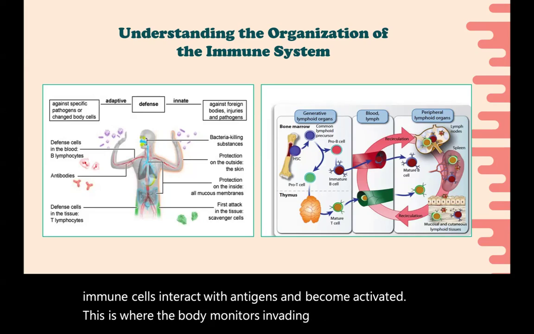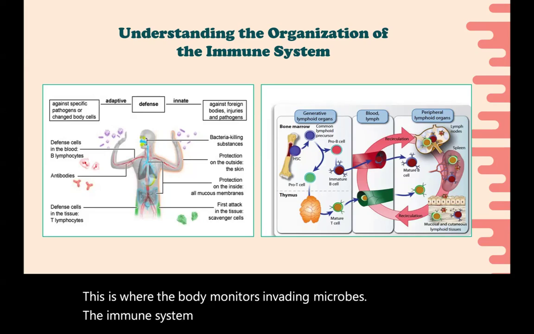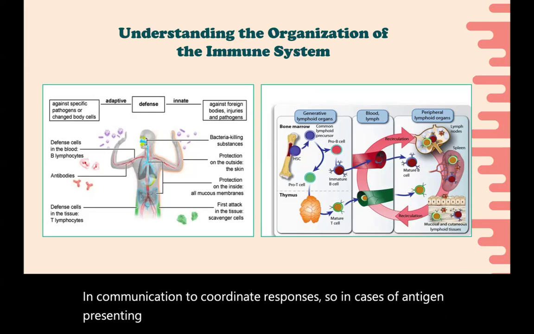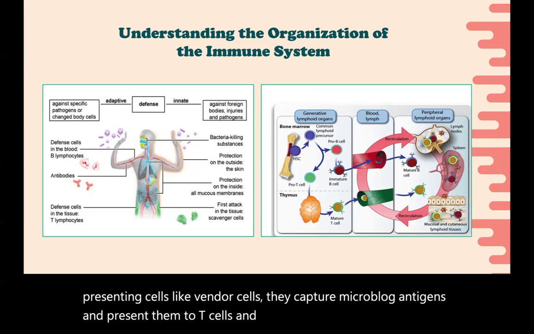The immune system relies on communication to coordinate responses. In the case of antigen presenting cells like dendritic cells, they capture microbial antigens and present them to T cells in secondary lymphoid tissues.